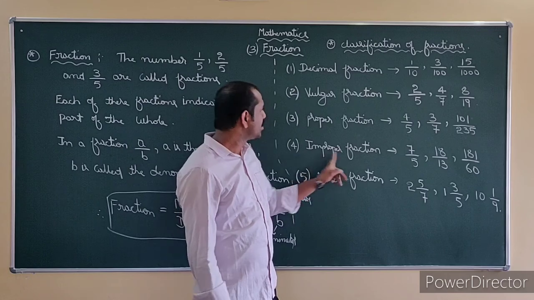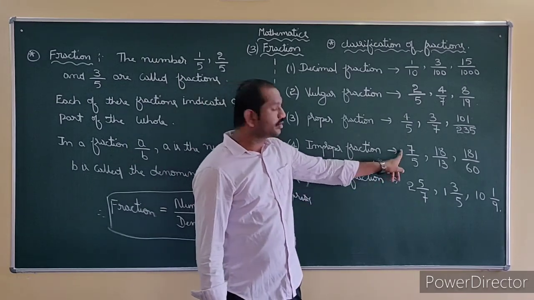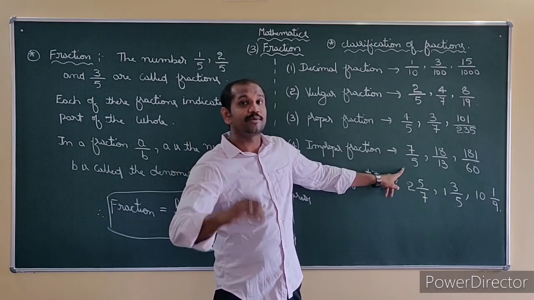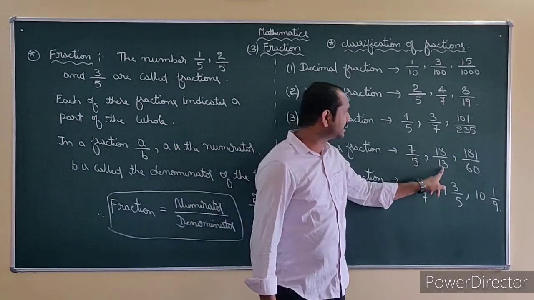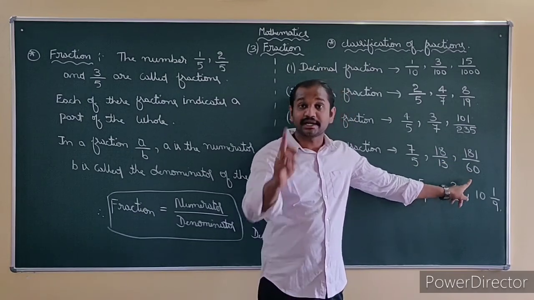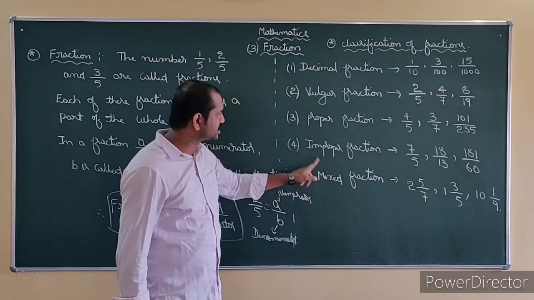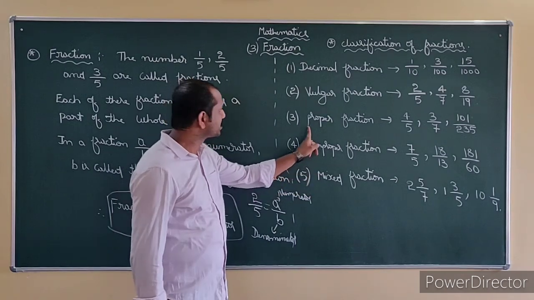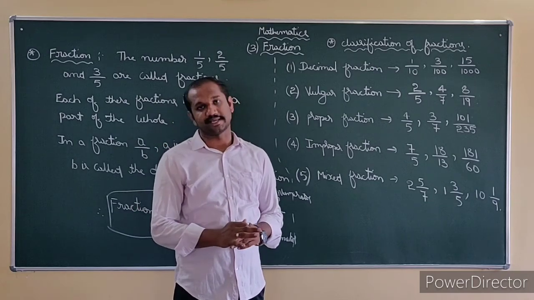Just remember this. What do you mean by improper fraction? Just the opposite of proper: now the numerator will be greater and the denominator less. Look at 7 by 5, 30 by 18, 181 by 60. And remember, an improper fraction can be converted to a mixed fraction, and a mixed fraction can be converted into an improper fraction. But a proper fraction we cannot convert into anything. We have to keep it the same.